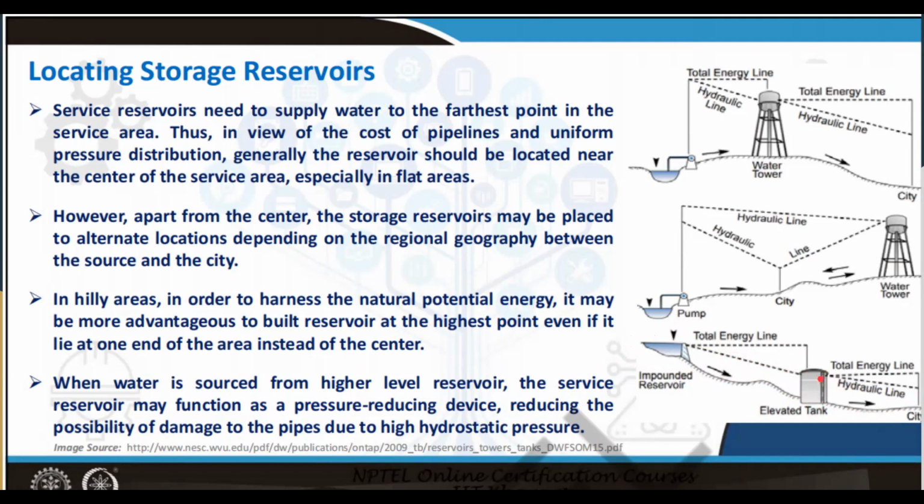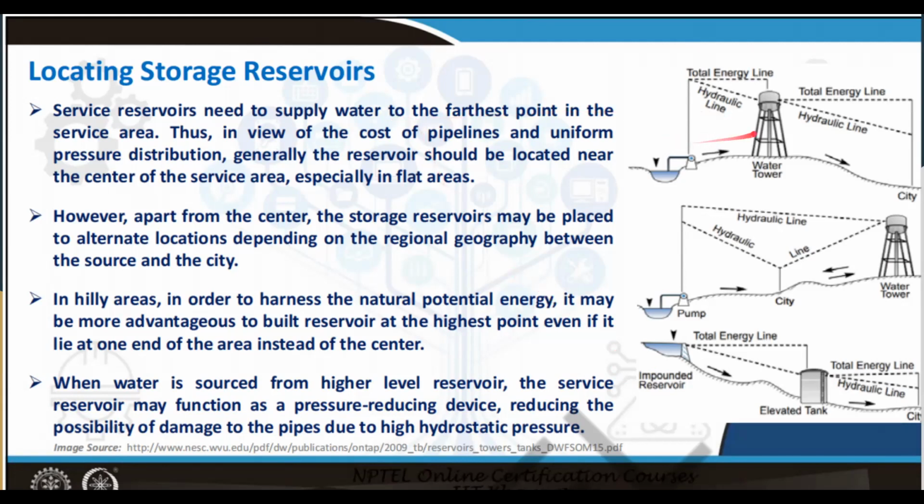So in order to control the pressure, like a pressure reducing device, this reservoir can be located downstream of an impounded reservoir, which is at a high point. When the source of water is at a high point, at the downstream you can locate a reservoir just to control the pressure that is coming.